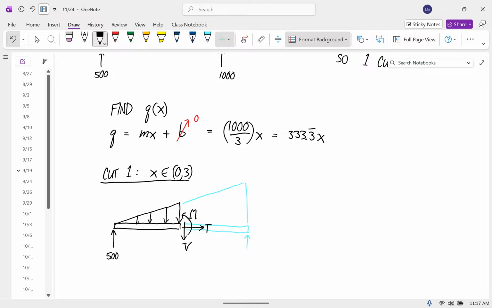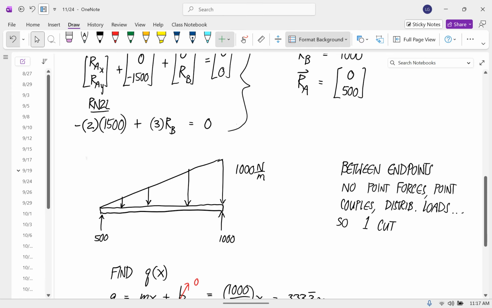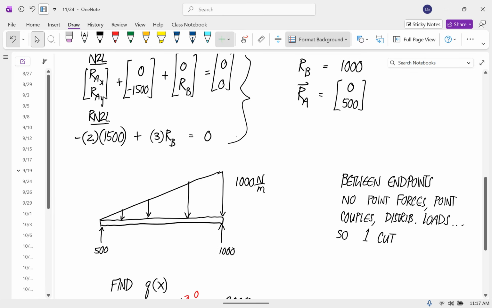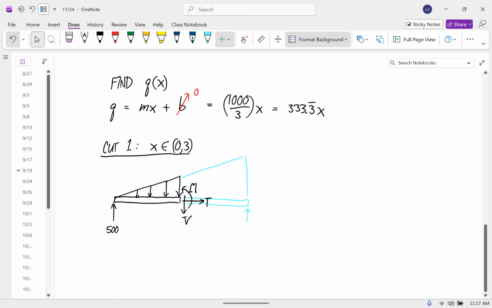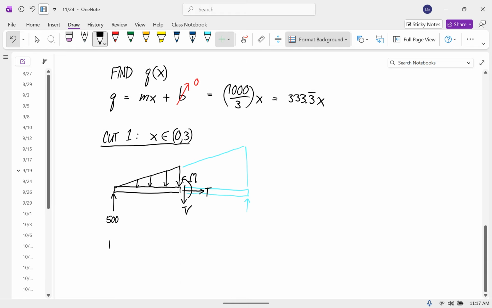Okay. So now notice here's a pain that we have. In order to represent that distributed load as a point force, we need to know the height of that triangle. When we isolated the whole thing, we knew that the height was 1,000. But it's not 1,000 anymore. This is some arbitrary distance x. And the height of that distributed load at the right end is going to depend on what that x value is.